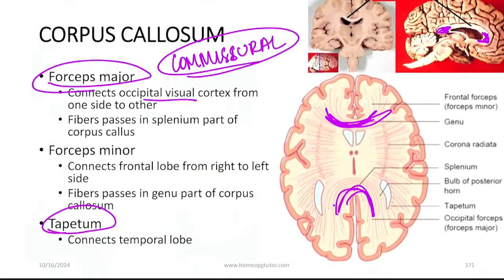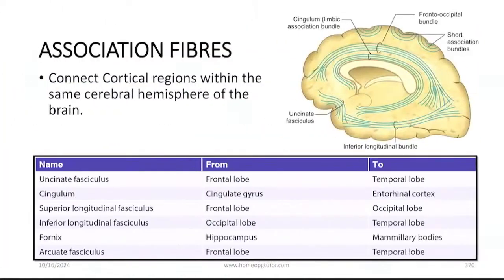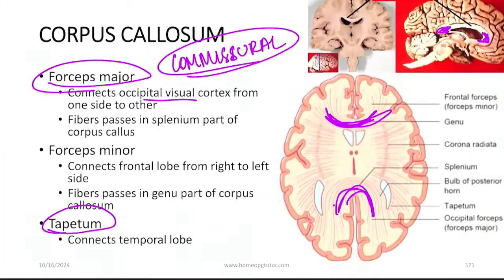That is the major thing about the corpus callosum. I'm not talking about the macroanatomy. It is the microanatomy, the types of fibers, not the actual parts of the corpus callosum macroscopically.